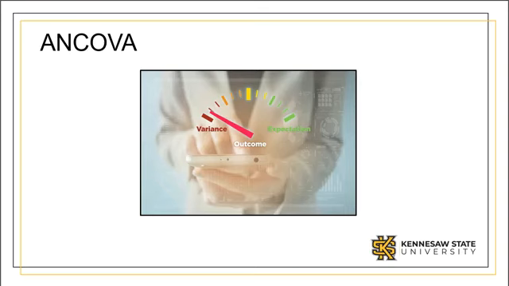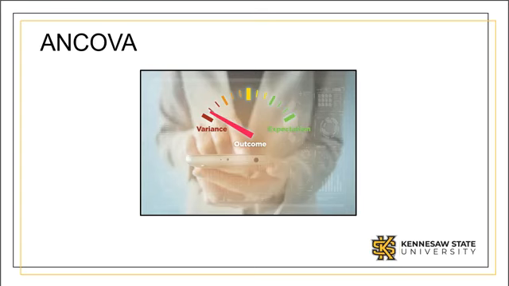ANCOVA is short for Analysis of Covariance. ANCOVA is an extension of the ANOVA test with the addition of a covariate variable. The covariate variable is linearly related to the dependent variable. Adding this into the analysis can increase our ability to detect differences between groups of an independent variable.